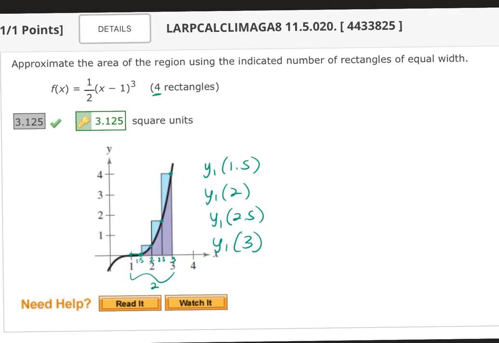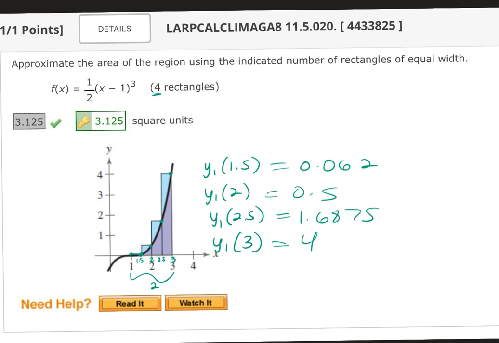And then I would do my equation, 0.5 times x minus 1 to the third. And then I do y1 of 1.5, y1 of 2, y1 of 2.5, and y1 of 3.